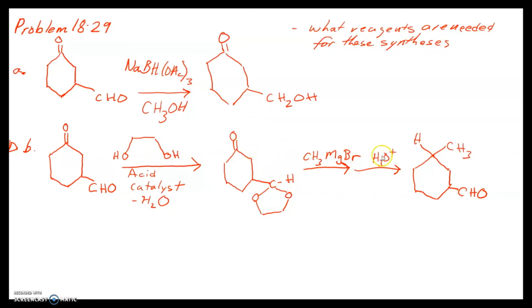And then when you acidify after the Grignard reagent has added, you're going to get the alkyl group, which is the methyl group, added right there. Okay, and then in order to get your aldehyde back, since you are adding acid in here, the acetal is going to change to aldehyde.